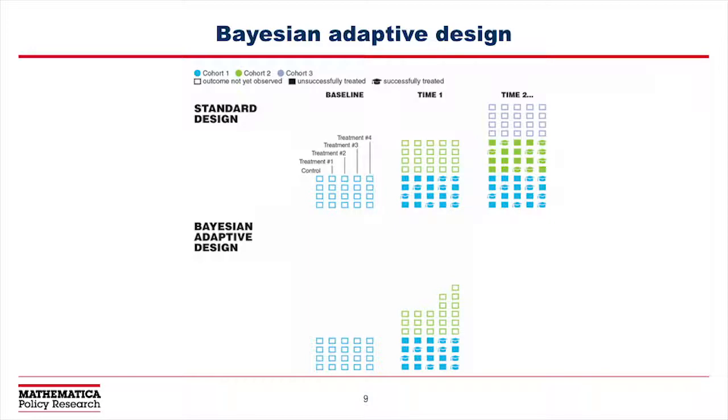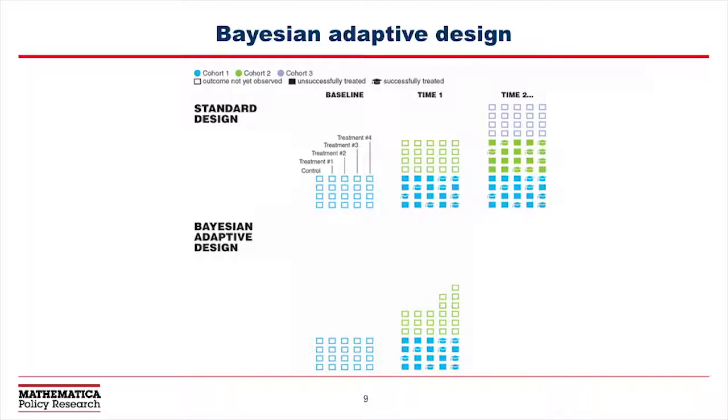And when we randomize cohort 2, we're going to randomize with higher probability to the arms that look like they are most effective for those individuals. So for example, let's say in this last column here, where we're sending both a text message and giving folks a call, that based on this preliminary data from cohort 1, we have reason to believe that that's a really effective strategy for increasing engagement among high needs families.